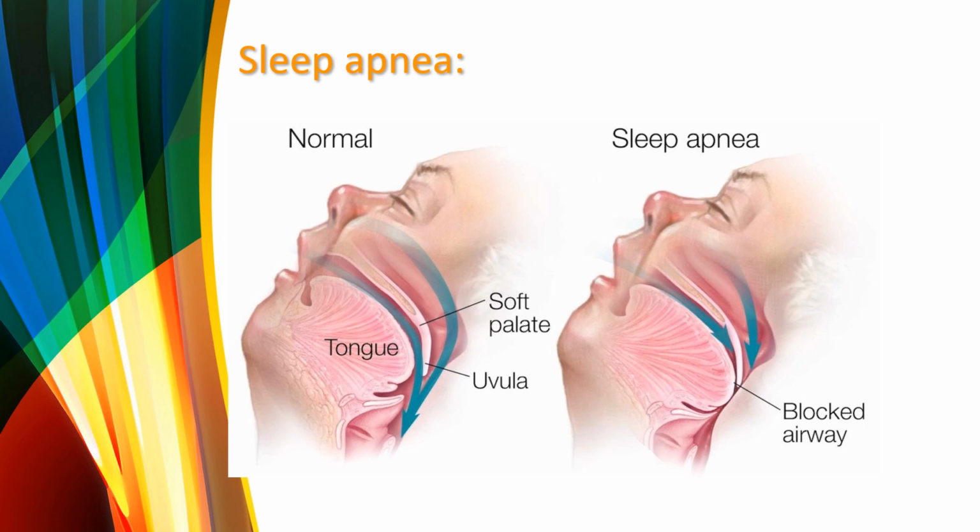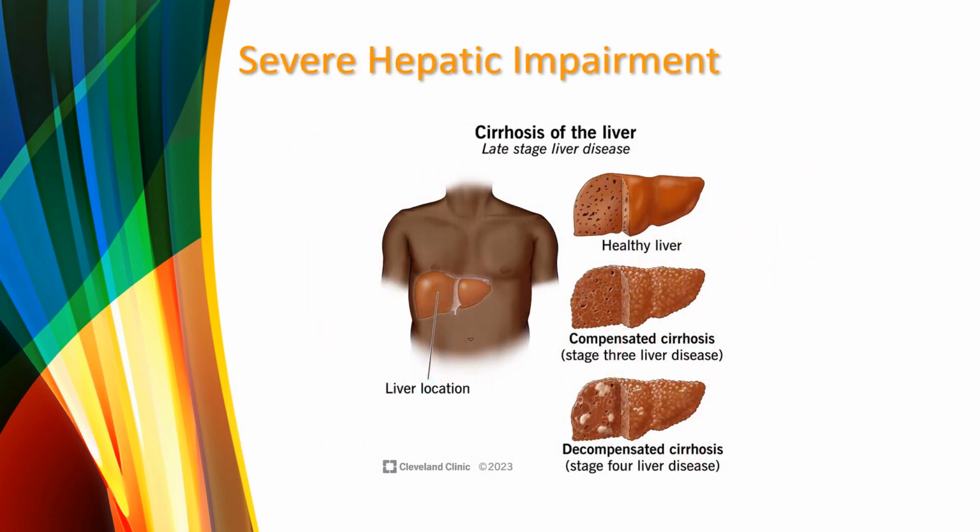Sleep apnea. Due to its respiratory depressant effects, diazepam is contraindicated in individuals with sleep apnea. Severe hepatic impairment. Individuals with severe hepatic impairment should avoid diazepam as impaired metabolism can lead to drug accumulation and toxicity.